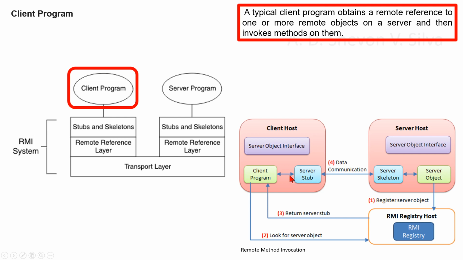The stub on the client calls the RMI registry to know whether that method exists, and the correct way to call it.